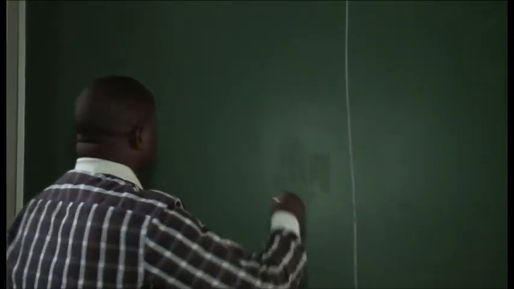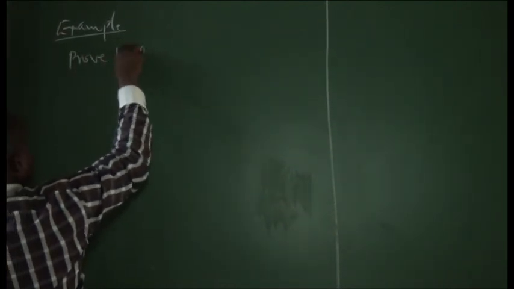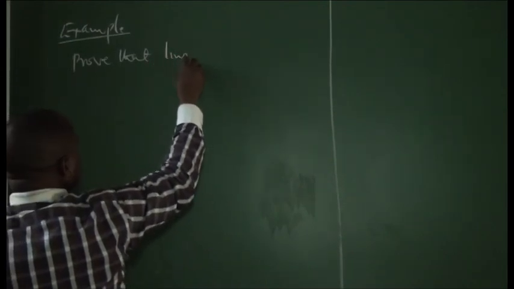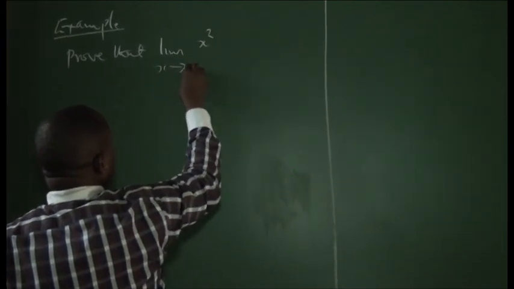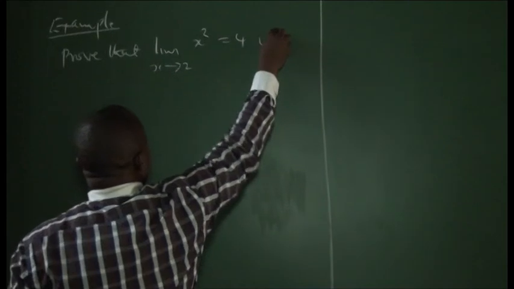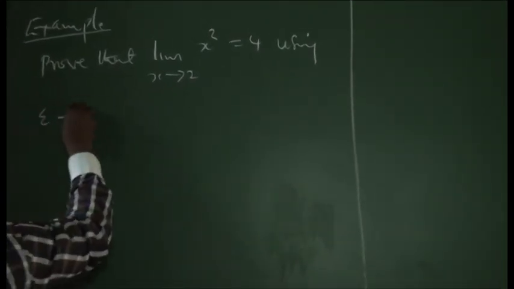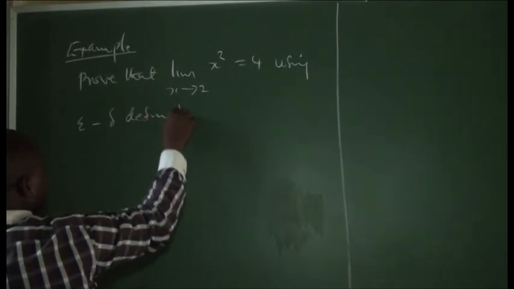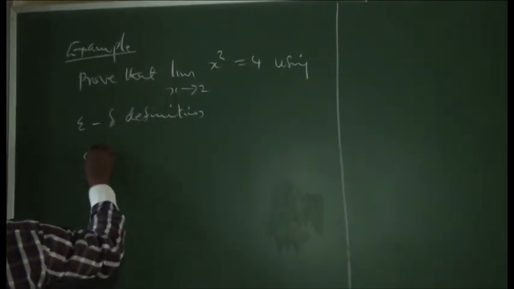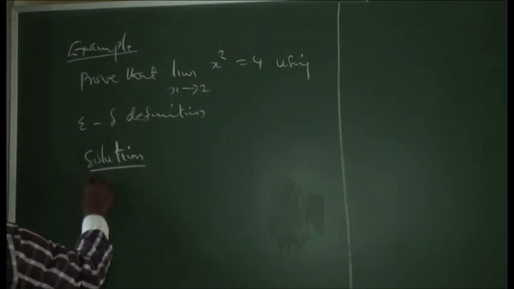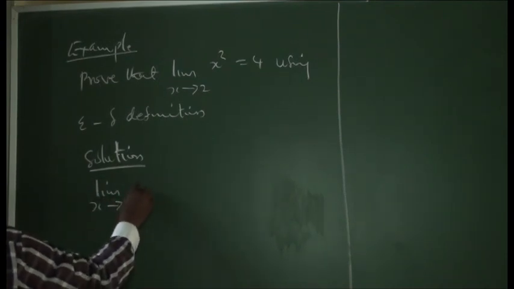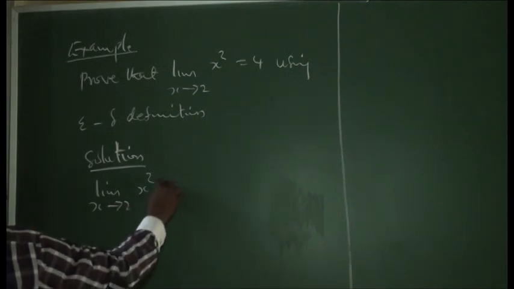So let us take the next example. I'm going to prove that the limit of x squared as x approaches 2 is 4 using the epsilon-delta definition.